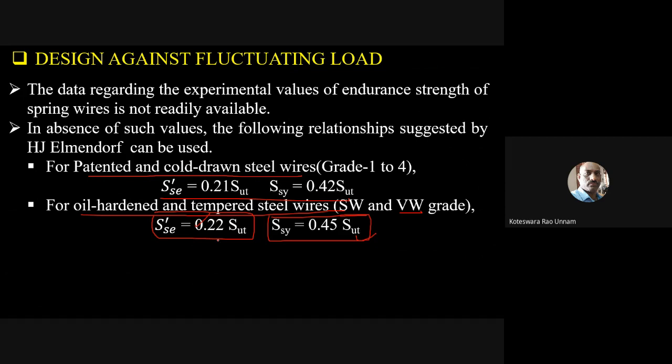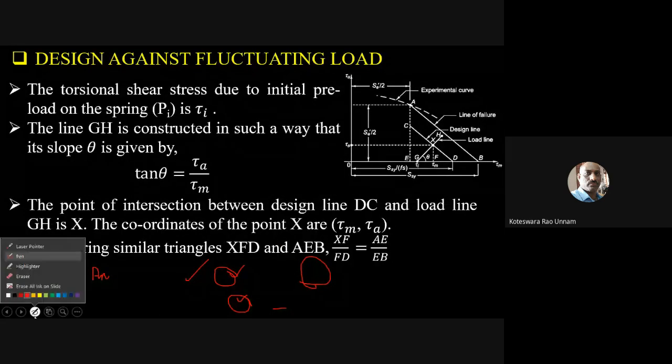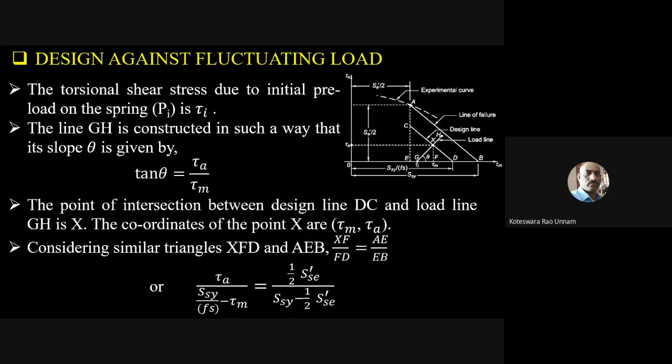SUT, the ultimate tensile strength, is given in the problem. So you can use that SUT value to compute SSY and SSE dash. So in those equations, except Fs, we know everything. Then you can solve that equation by substituting all these parameters, and you will get the factor of safety.